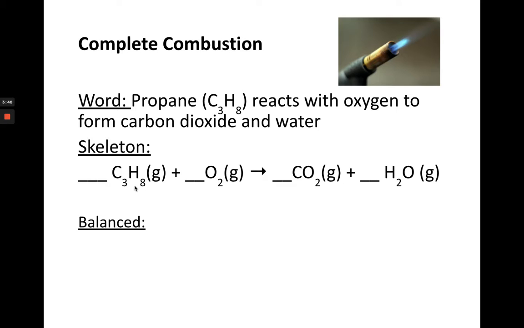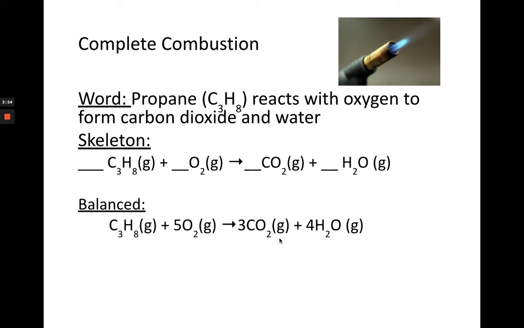So with hydrocarbons, generally, since oxygen is in 2 places in the products, we balance the carbon and the hydrogen first, and then fill in the oxygen. So here's the balanced reaction. As you can see, we had 3 carbons, so we put a 3 as a coefficient here, giving us 3 carbons.